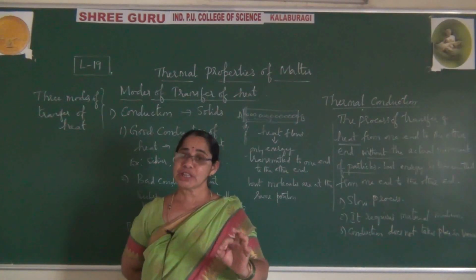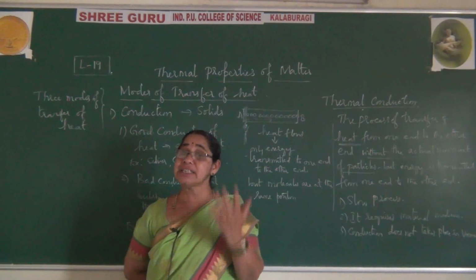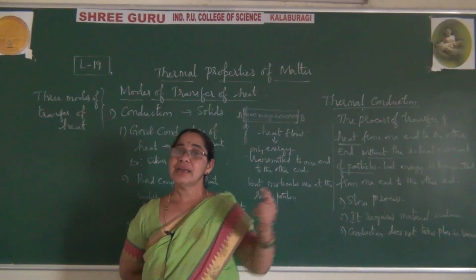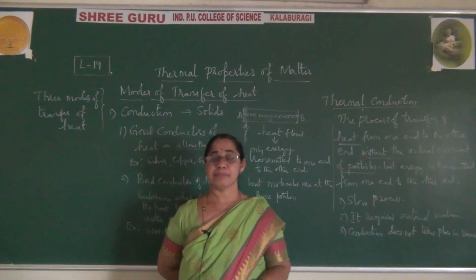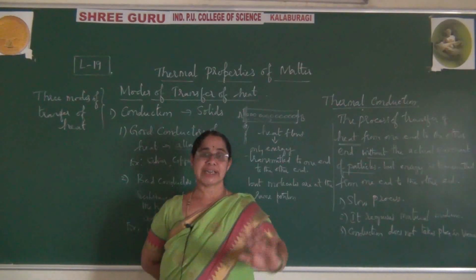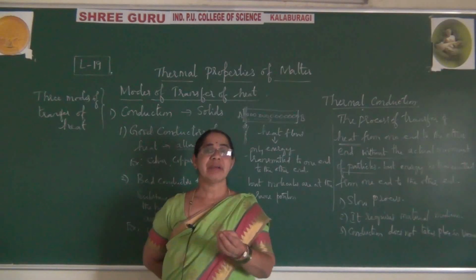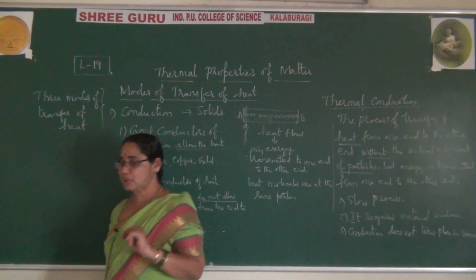But if you throw the apple from the first bench to the last bench boy, it reaches very fast. Conduction is slow, and it requires a medium. Without a medium, that is in vacuum, heat does not flow from one end to the other end. So remember these points.